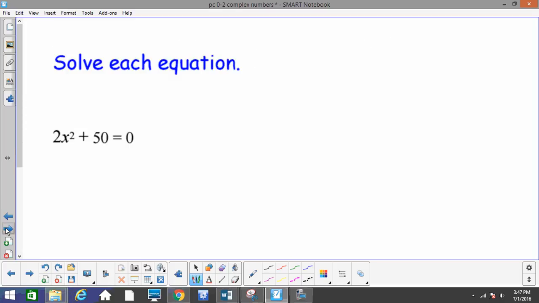So, why do we need to know complex numbers, imaginary numbers? They're going to come up from time to time when we're solving equations and we need a way to deal with them. So I'm going to solve this just like I would any other quadratic. Subtract 50 from both sides. Divide by 2.